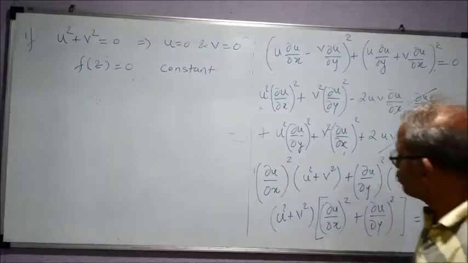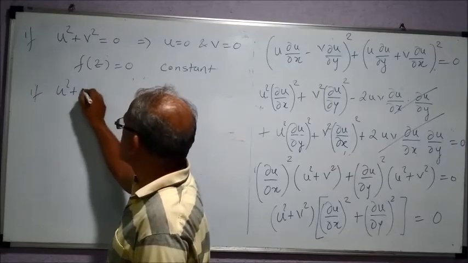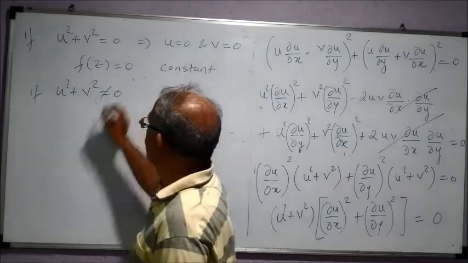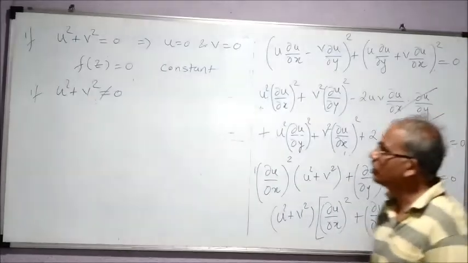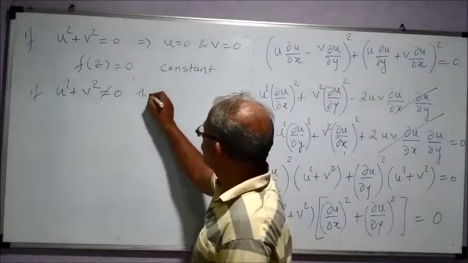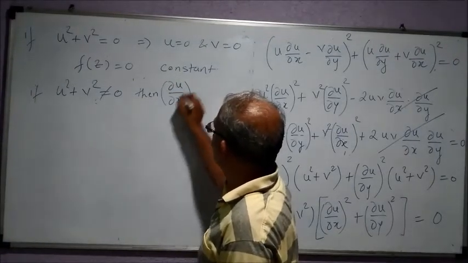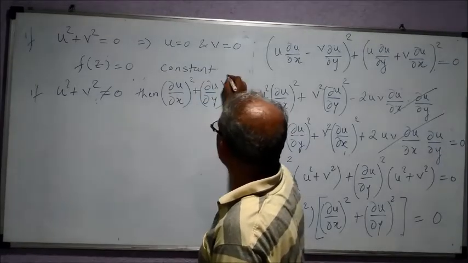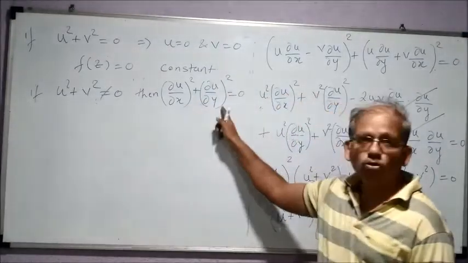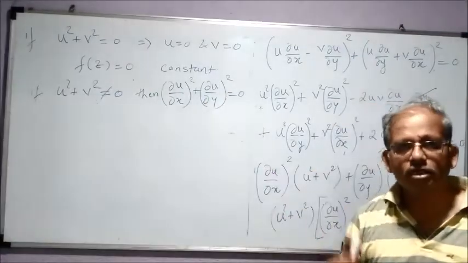So let us assume that u square plus v square is not equal to 0. Then the other bracket has to be 0. So (∂u/∂x) squared plus (∂u/∂y) squared has to be 0. Again, both are positive quantities and their sum is 0, so they must be individually 0.